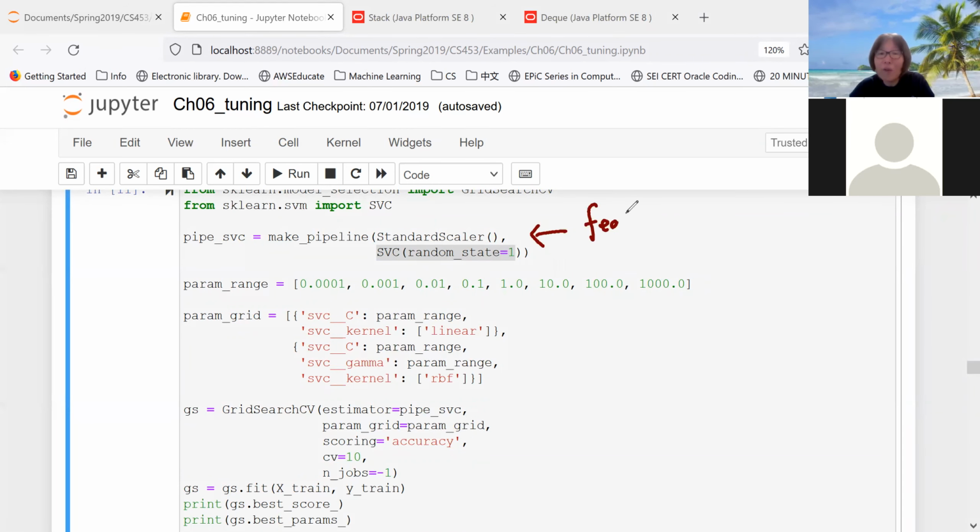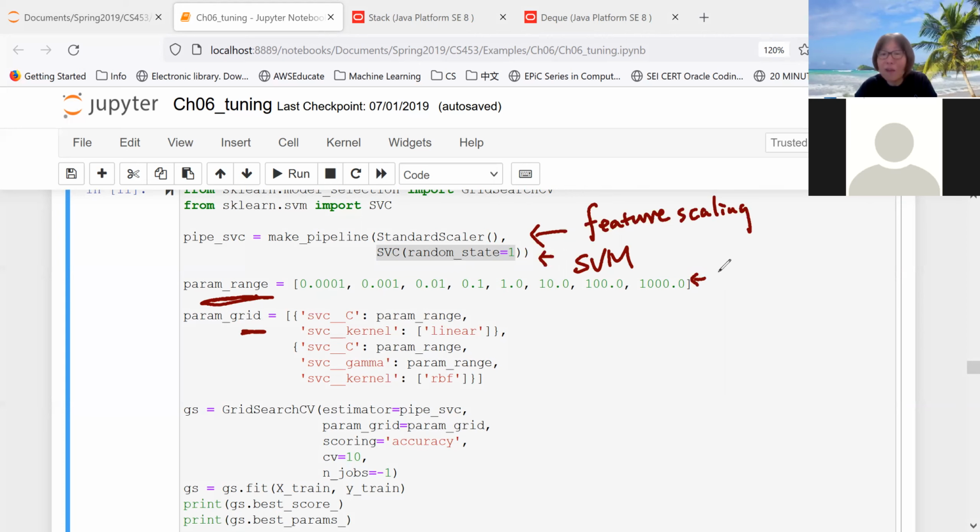Here we also provide some parameter ranges, for C, for gamma, etc., listed in lists. Then what we provide is a list of dictionaries.